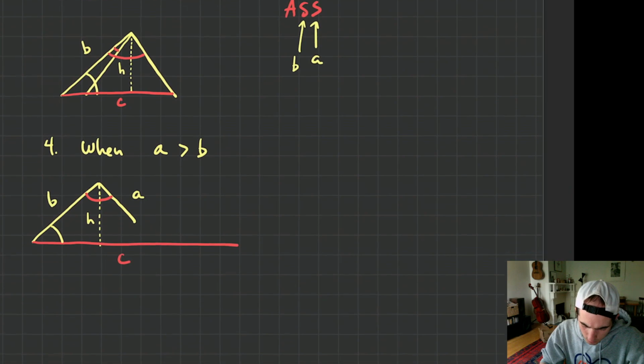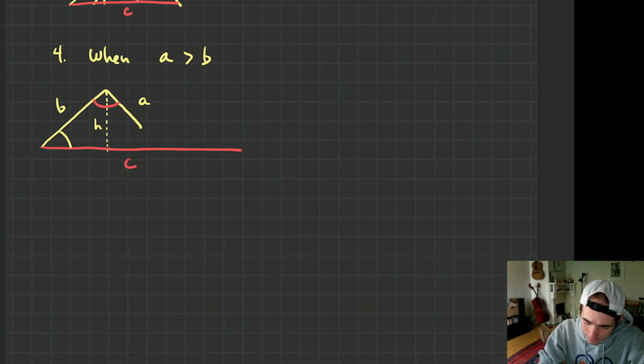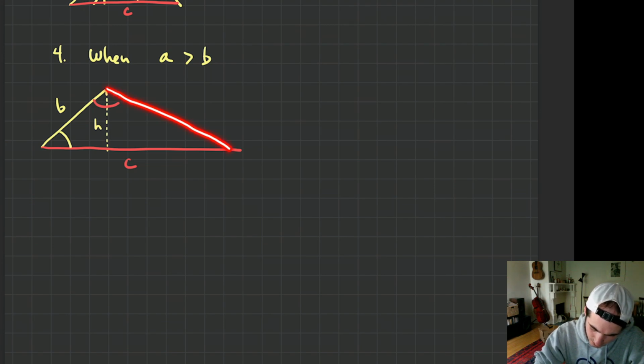Okay, so when A is bigger than B, that means it must be bigger than H as well. So certainly, if A is bigger than B, then we're going to have something that looks kind of like this. You know, it's going to be bigger than B, so it's got to be over here like that.